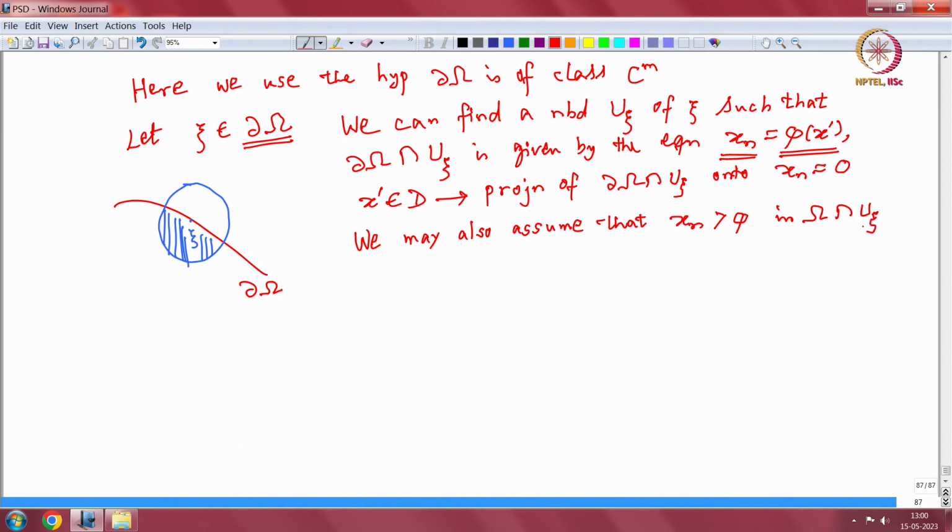Otherwise, you change phi to minus phi, that is all. Okay. So, this portion, this shaded region, is xn bigger than phi. Okay. And now you use change of variables.